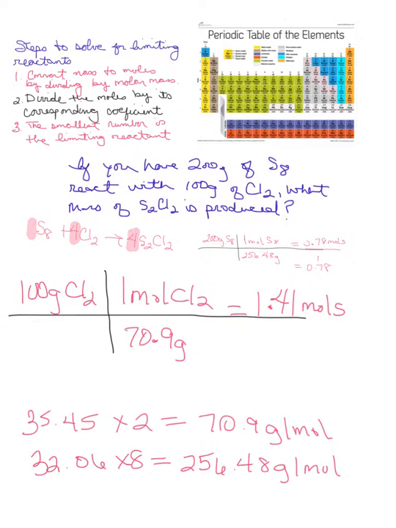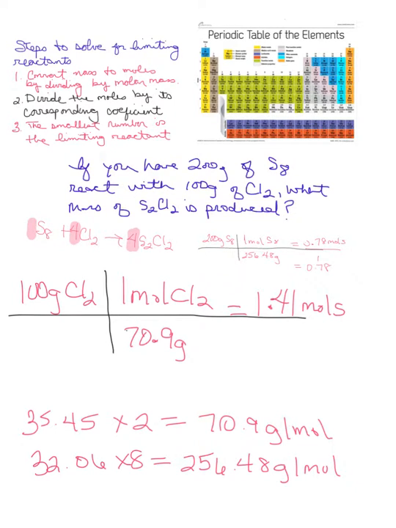All right, now I'm on step 2, and I need to divide the moles by its corresponding coefficient. According to my balanced equation, I have 4 moles of Cl2.